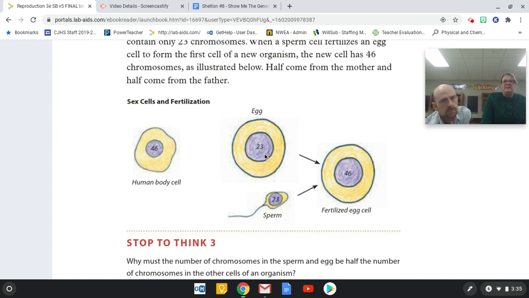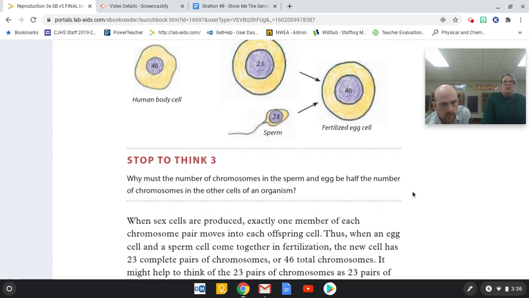Now, when you're looking specifically at an egg and a sperm during fertilization, we know the sperm fertilizes the egg. The egg has 23 chromosomes. The sperm also has 23 chromosomes. And when those combine to create the fertilized egg cell, the final cell ends up having 46 chromosomes.